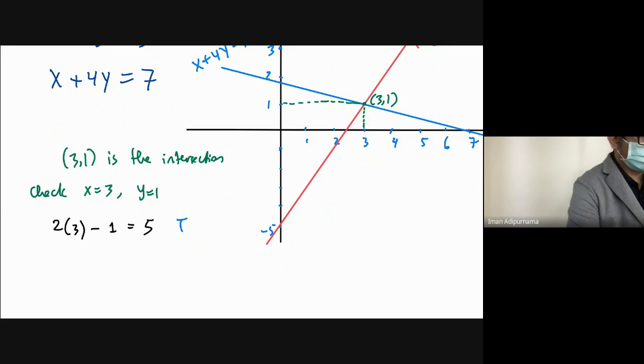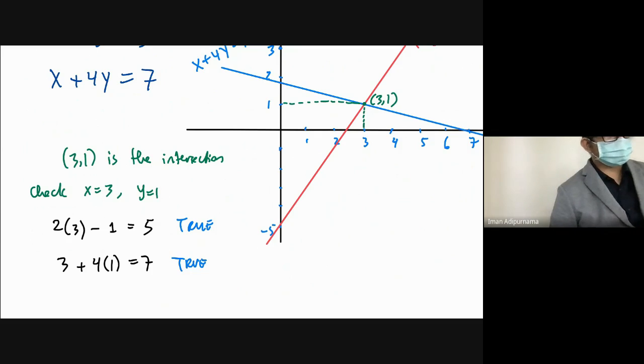Okay, it's true, and also 3 plus 4 is 7, also true. So first we think on visuals, and when we look at the visuals, we know the intersection point will be our solution.